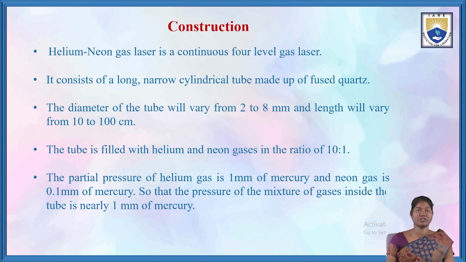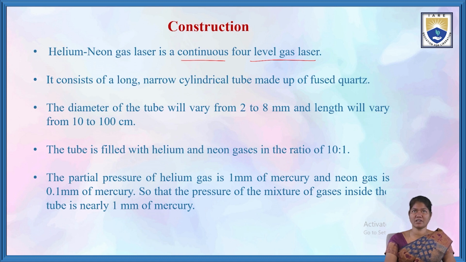Coming to the construction, the helium neon laser is a continuous four-level gas laser. In the previous session we talked about the ruby laser, the first solid state laser, where we saw some drawbacks.